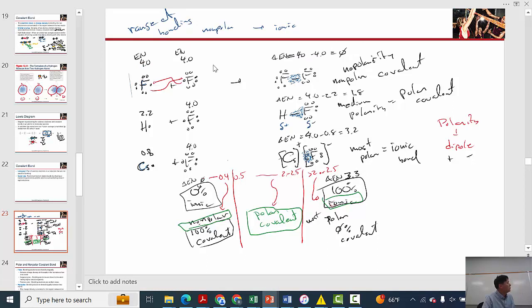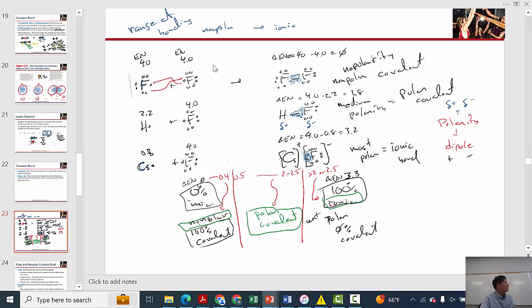This kind of S symbol here is called delta, meaning partial. And so we end up with a delta plus and a delta minus. And so that's some polarity there, but the polarity is not going to be as big. This will be lower polarity than this.